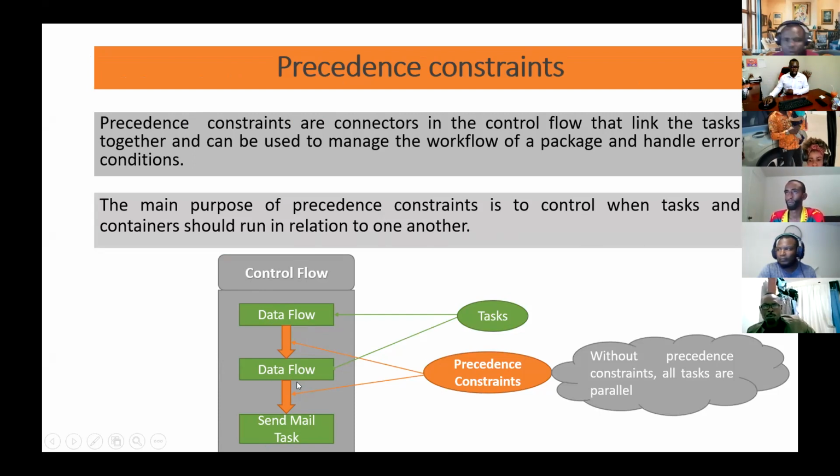From stage 1 to stage 2 is called a precedence. And on most of these precedences, you can set barriers to make sure that before the data goes from this to this, it must pass certain conditions, for example. So all these stages are called precedences, and they're really used to control the way data flows in an SSIS scenario. All right.